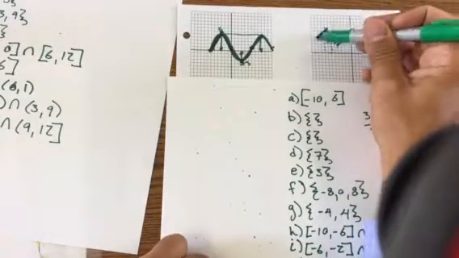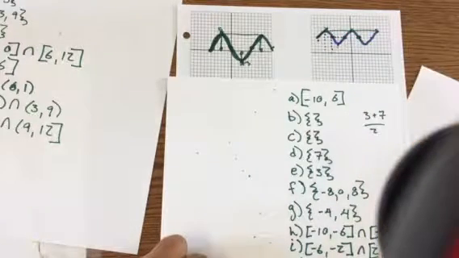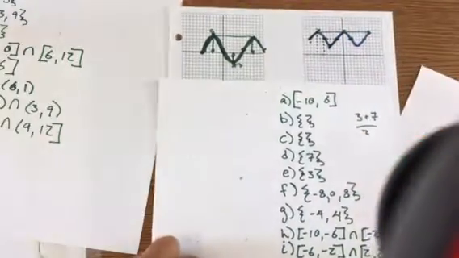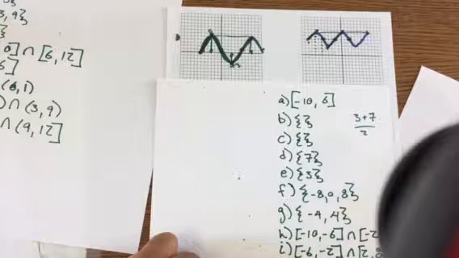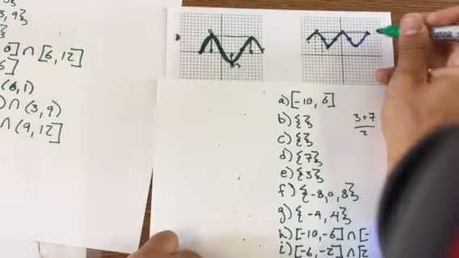Increasing, it's going to be increasing here, which is negative 10 to negative 8, and negative 4 to 0, and 4 to 8.